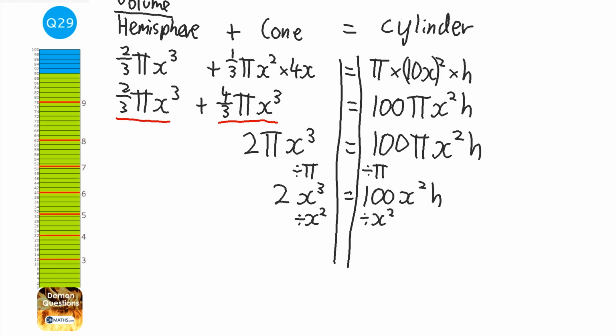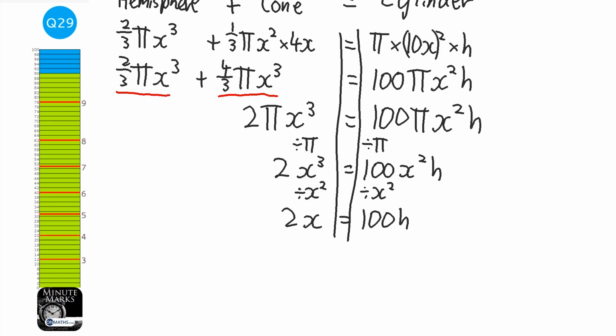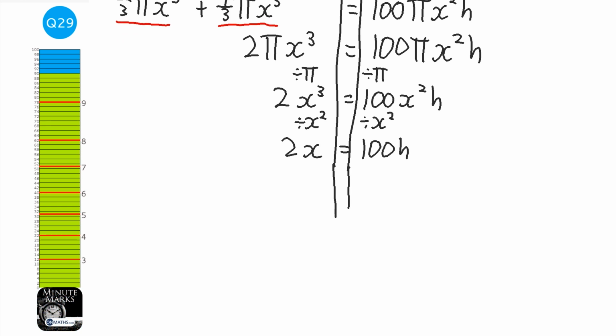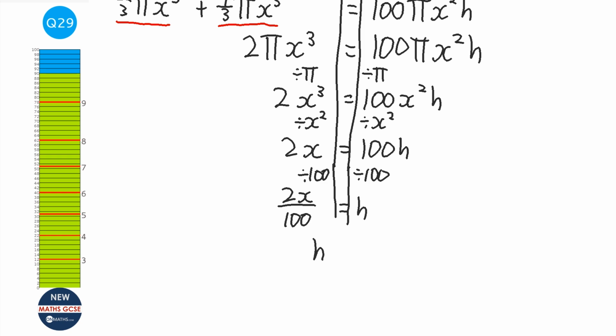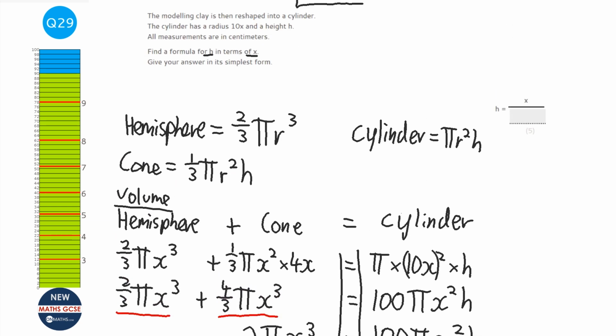So I'm going to divide by x squared, so we get 2x equals 100 h. So we can already see we're really close. To get h on its own, we need to divide both sides by 100, and that's going to be 2x over 100 equals h, or h equals, and we can cancel the 2 and the 100, dividing them both by 2, equals x over 50. So our answer is h equals x over 50.